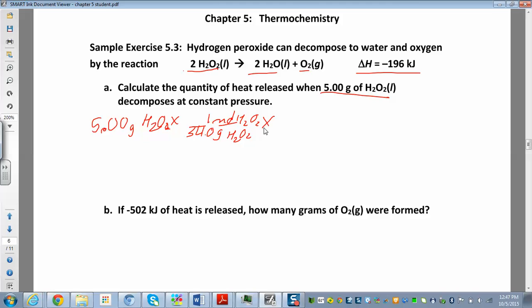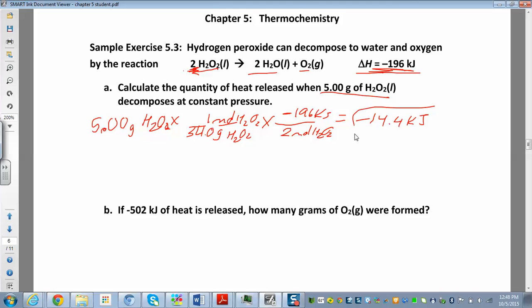Alright. And then I'm going to look in this chemical equation here, and I see that for every 2 moles of hydrogen peroxide, I get negative 196 kilojoules. When you work all that out, just multiply all those things through, you get negative 14.4 kilojoules.